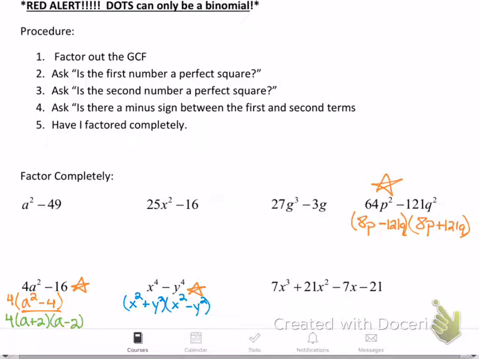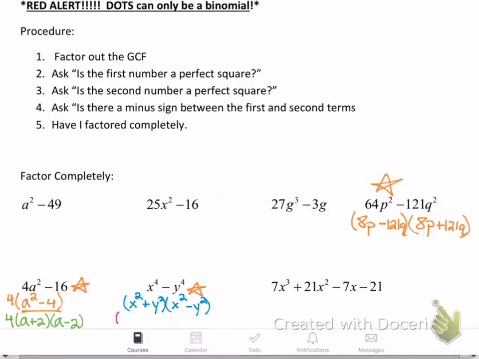Now, here's a tricky thing. This guy right here is also a difference of two squares. It fulfills all the questions. The first term is a square number, the second term is a perfect square number, and then this right here is a minus. So this actually satisfies another difference of two squares, but the first one does not, because there's a plus sign.